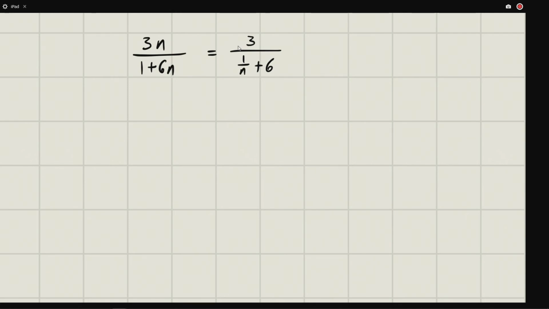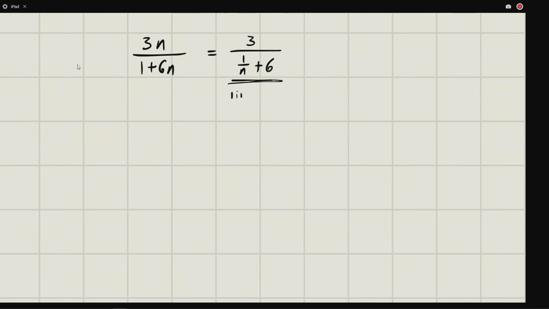Now we're in a position where this limit is really easy to take. If we did the first form, the limit as n goes to infinity, we would get infinity over 1 plus infinity, which is infinity over infinity, which is not that useful. So instead we use this other equivalent form, because it's a bit easier.